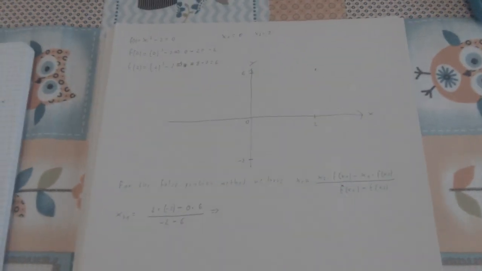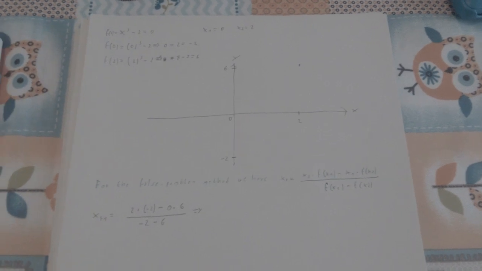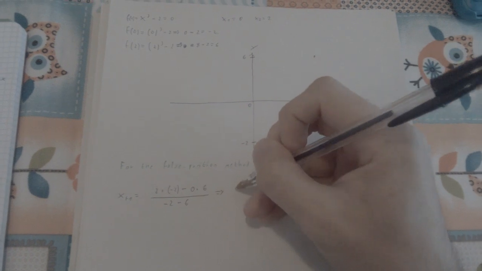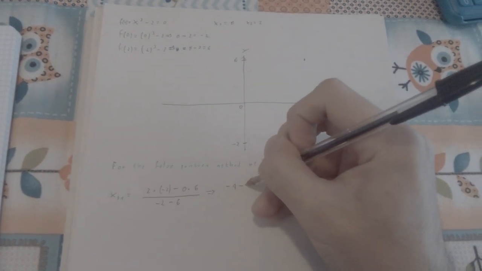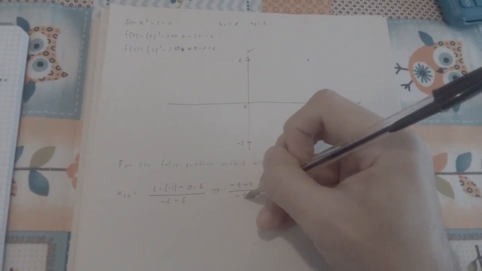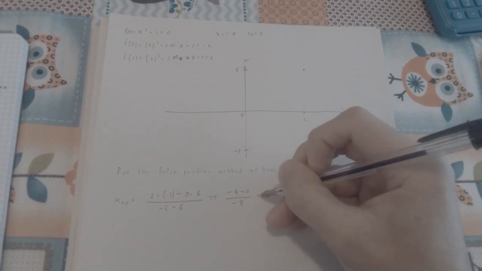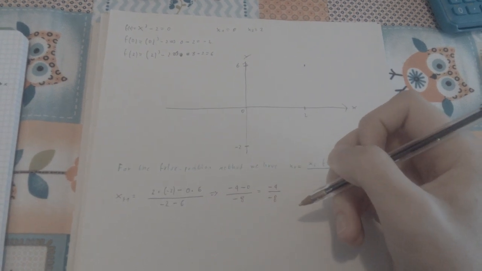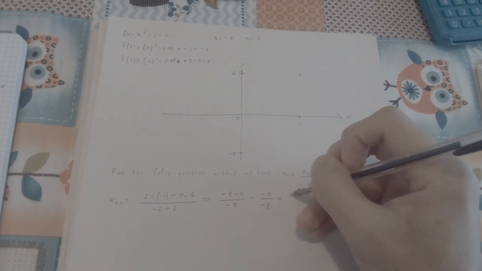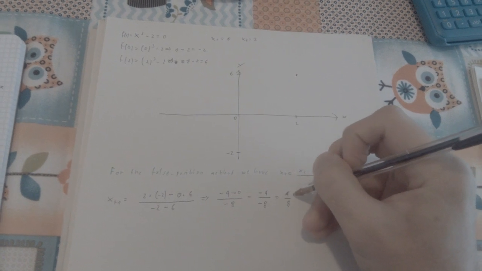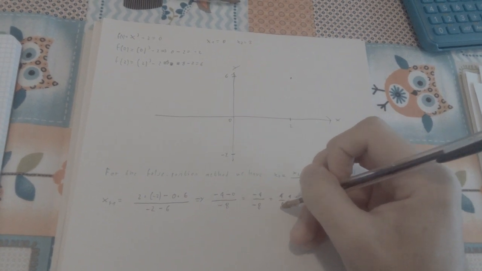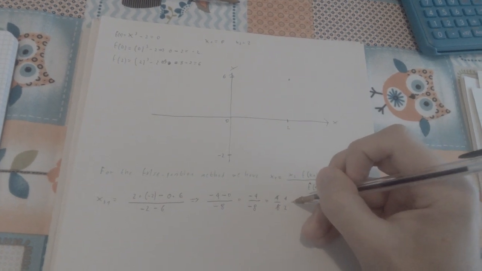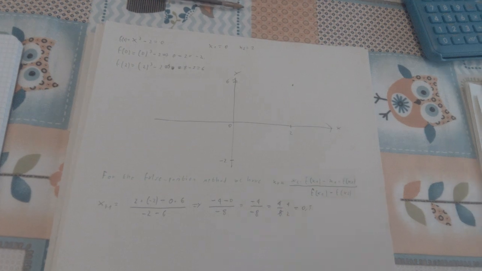If we compute this, we get negative 4 minus 0 over negative 8, which is negative 4 over negative 8, the same as 4 over 8, which simplifies to 1 over 2, which is 0.5.